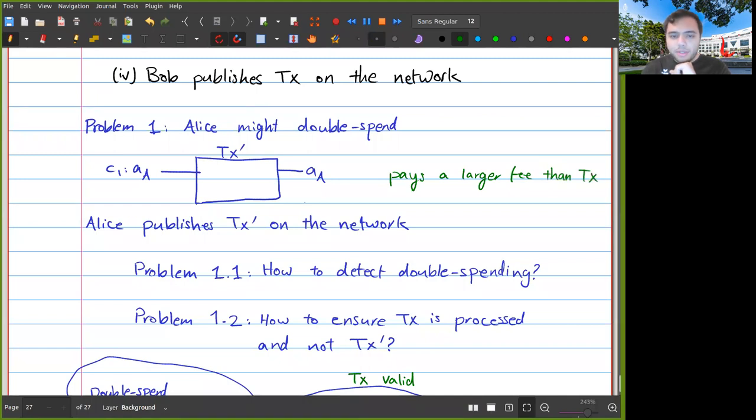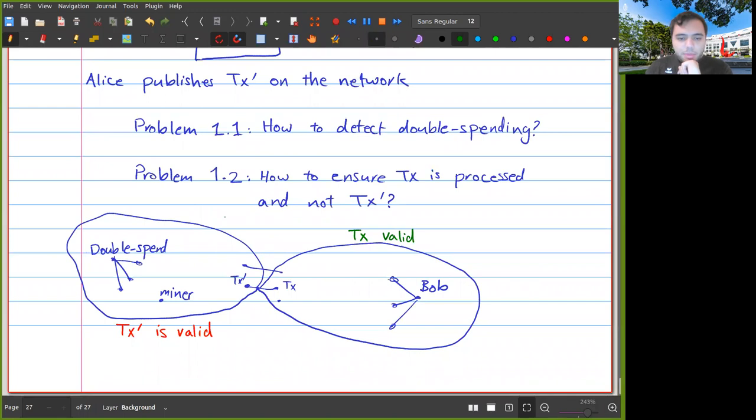So the miners prefer this one. And so it might be the case that the miner is in the camp that prefers TX prime, and they will put TX prime into the blockchain. And so Bob has seen this transaction TX, and if he has already given away the physical good, then he will later on be very disappointed to see that actually TX prime gets on the chain and TX becomes invalid. Okay?